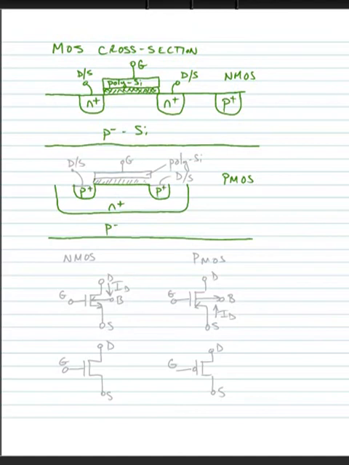We'd separate the channel with an oxide layer, and finally with our gate material, which would be our polysilicon or conductor of some sort. So this would be our gate, this would be our drain or source, and this other terminal here would be our other drain or source.